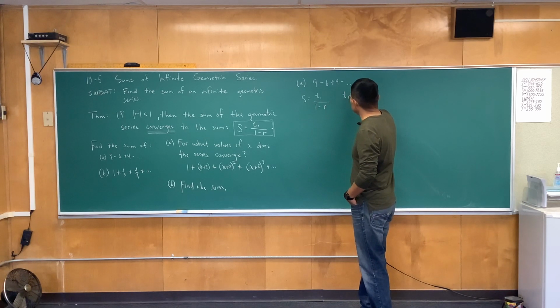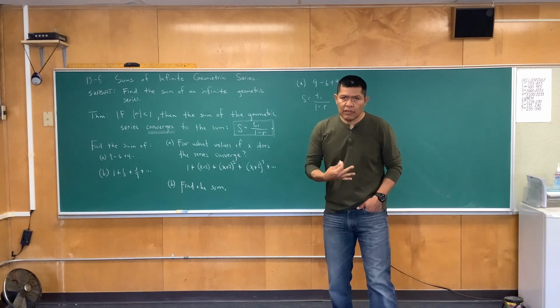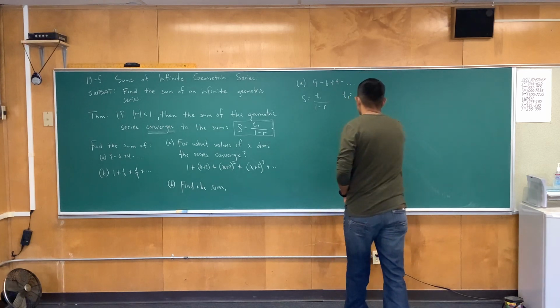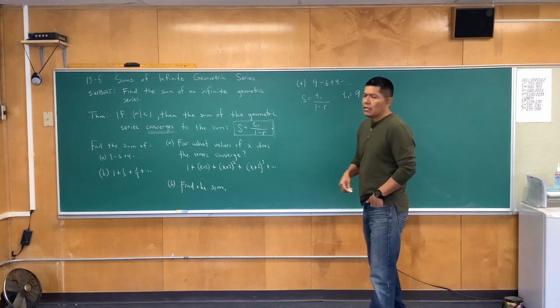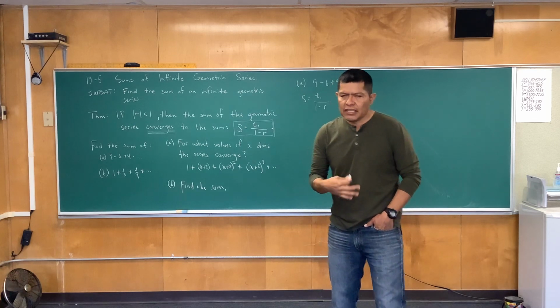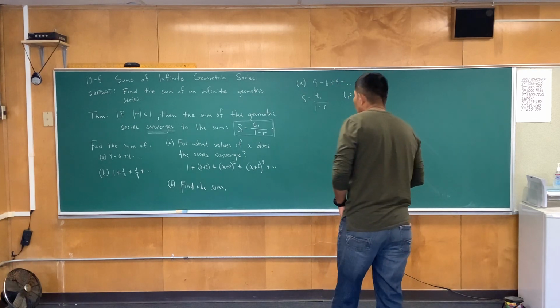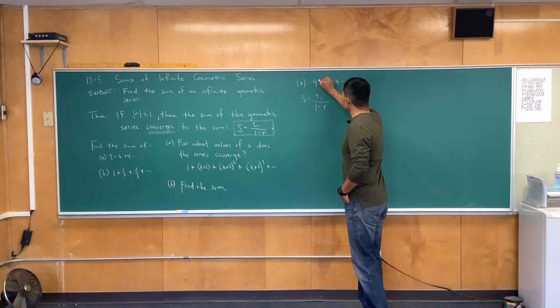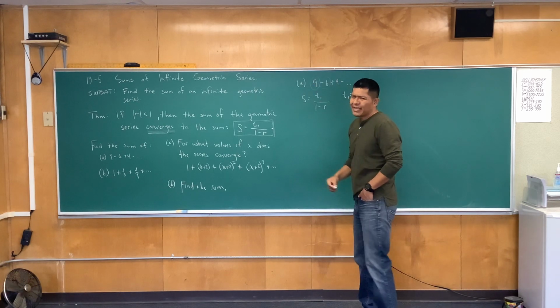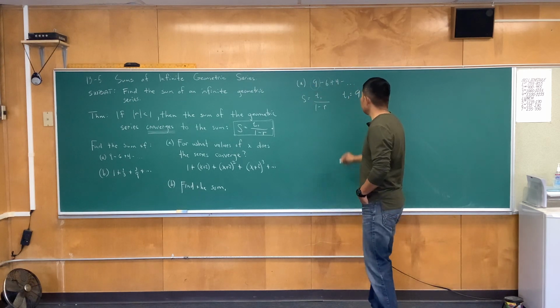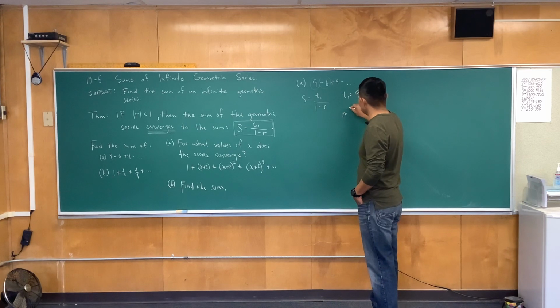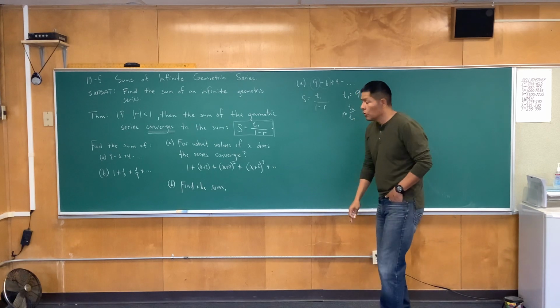So t1 is given to us, and it's 9. Now, to find r for a geometric sequence, what you have to do is take the first and second terms and divide them, okay? So r is equal to t sub 2 divided by t sub 1.